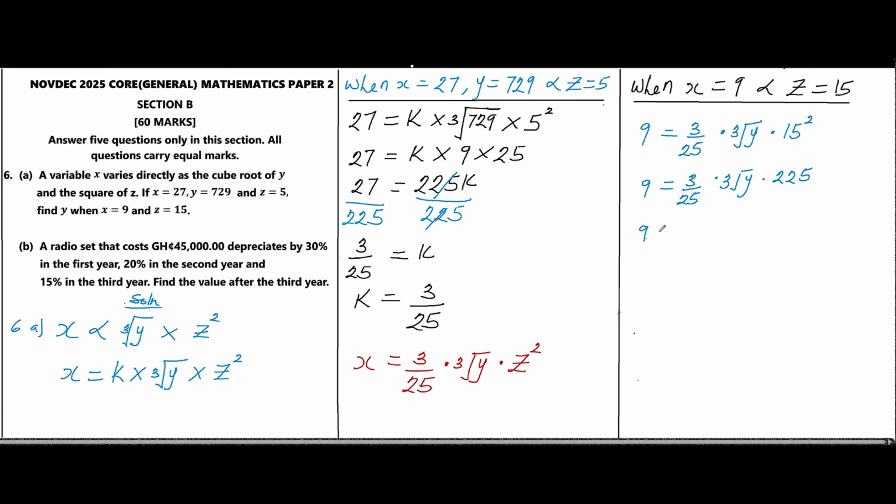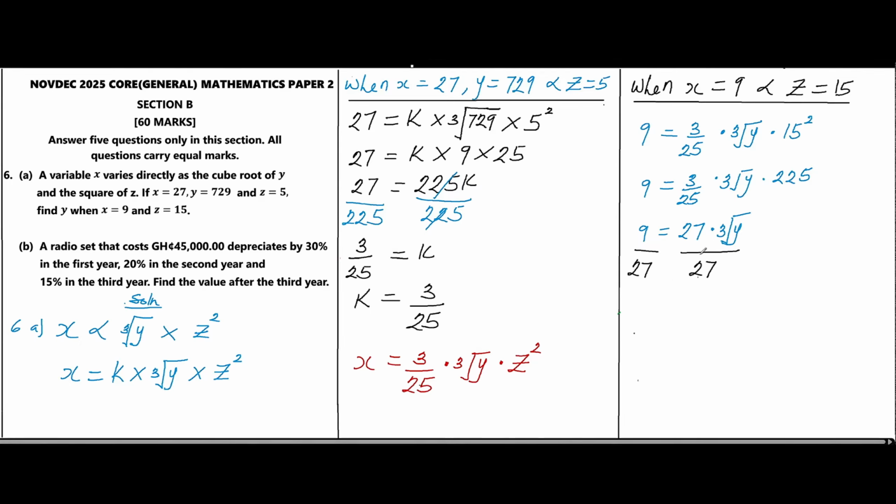So next we have 9. Now 3 on 25 multiplying 225. We have 27 multiplying cube root of y. Now we are looking for y. So first of all, we need to divide each side by 27.